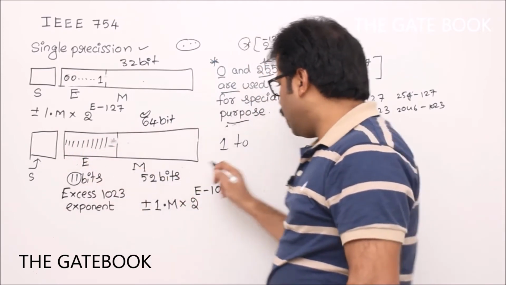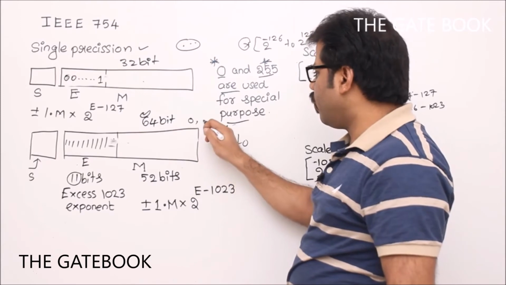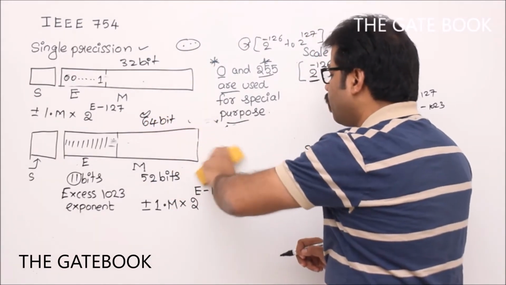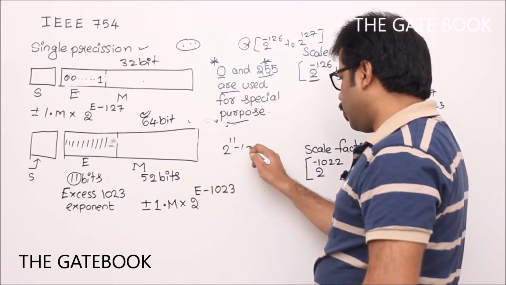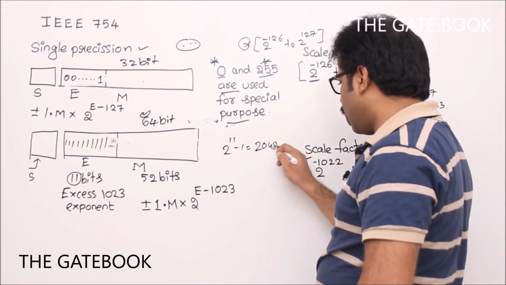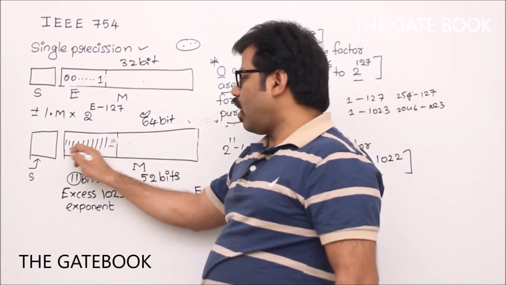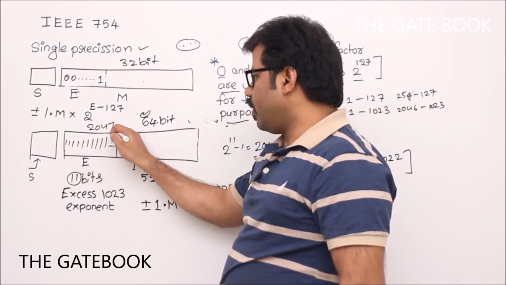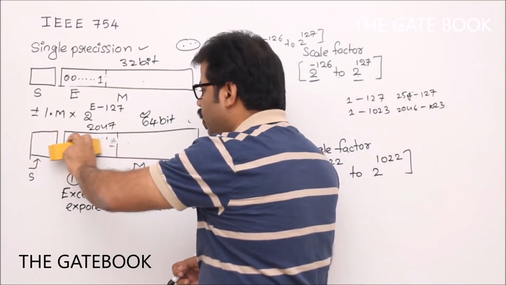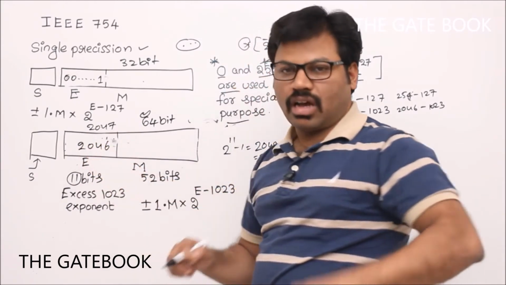So 2 to the power of 11 minus 1, tell me the value. 2 to the power of 11 is 2048. 2048 minus 1, which is 2047. So if I write all ones, that is going to be 2047. That cannot be used for normal purpose. So the one less than this can be used. That's why maximum number we can write in exponent is 2046 for normal purpose.